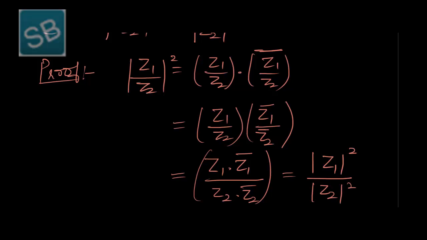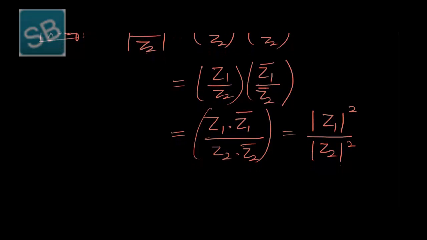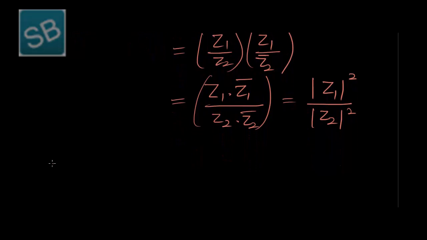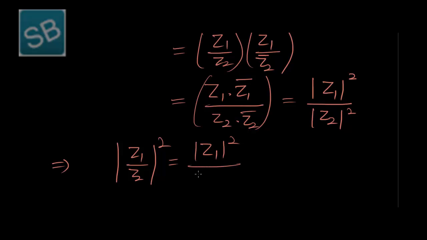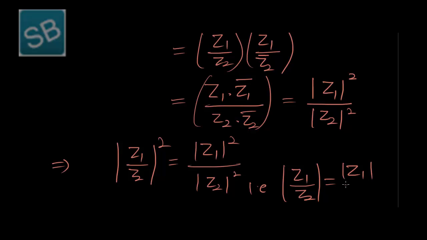So we get mod z1 over z2 whole square is equal to modulus of z1 square over modulus of z2 square. That is, we get mod z1 over z2 is equal to mod z1 over mod z2.